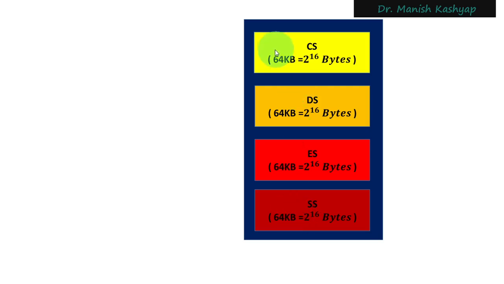Now, the four segments consume 256 kilobytes, and the total memory is 1 megabyte. So three-fourths of the memory still remains if you have made these four segments. Although it appears that these four segments completely cover the entire memory, this is not a diagram that is true to scale.